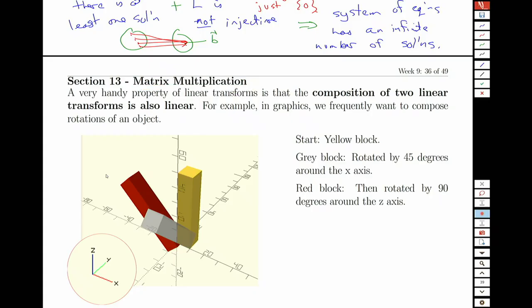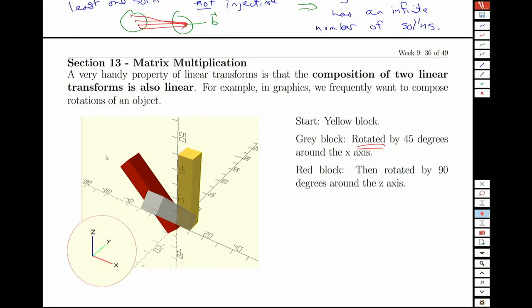As an example, it turns out that rotations are linear transforms. If I rotate things, it satisfies the plus operator being order independent. Same thing for scalar multiplication. And what that means is, if we talk about rotations and I want to do two things, imagine walking around in any kind of 3D gaming environment: you turn your camera, something moves in front of you, and you need to compose those operations together.